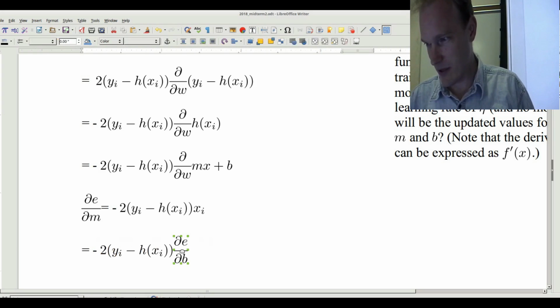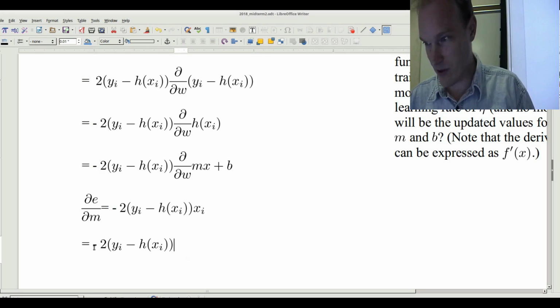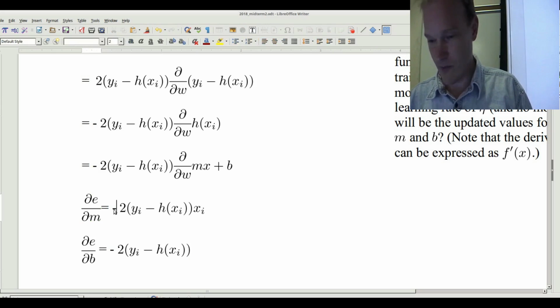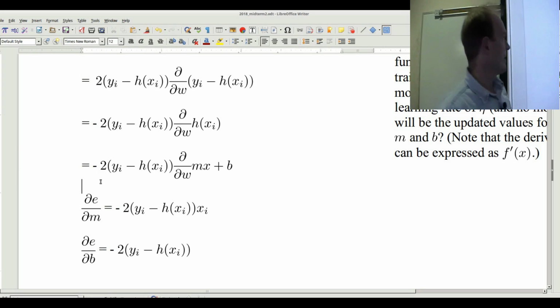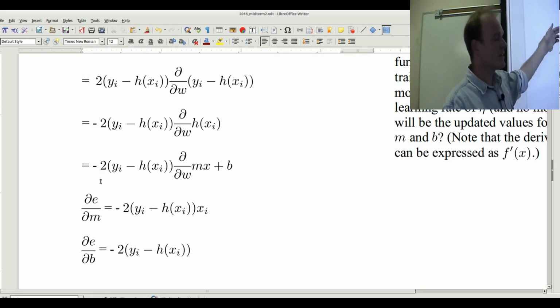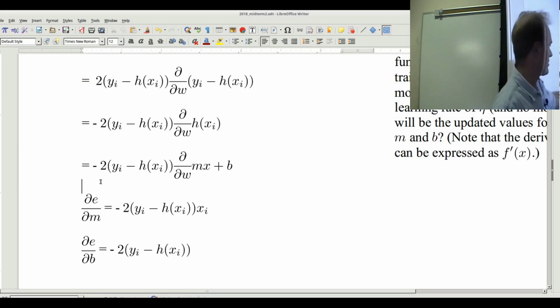Weird, OpenOffice or LibreOffice, whatever you are. Okay, so I have differentiated my model with respect to m. It's this. And I've differentiated the error function with respect to m, and I've done it with respect to b.